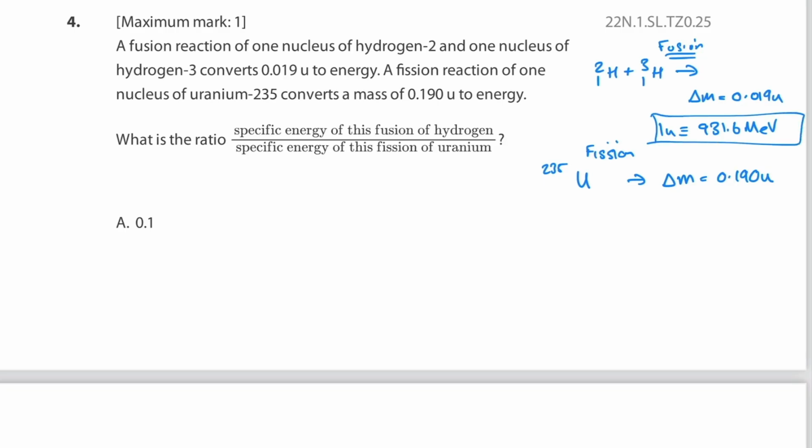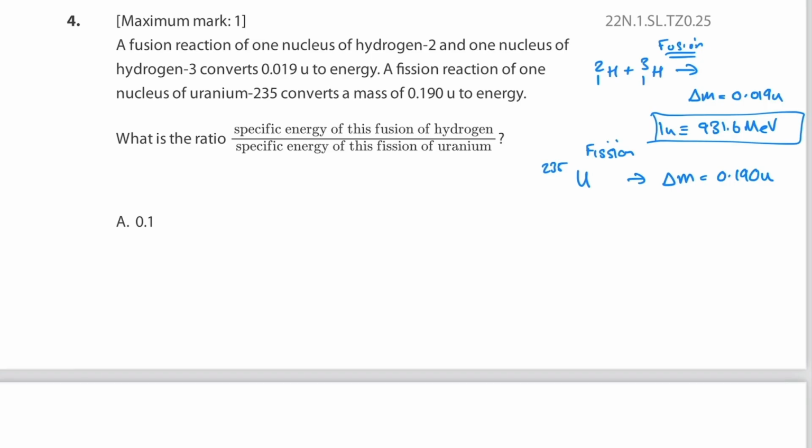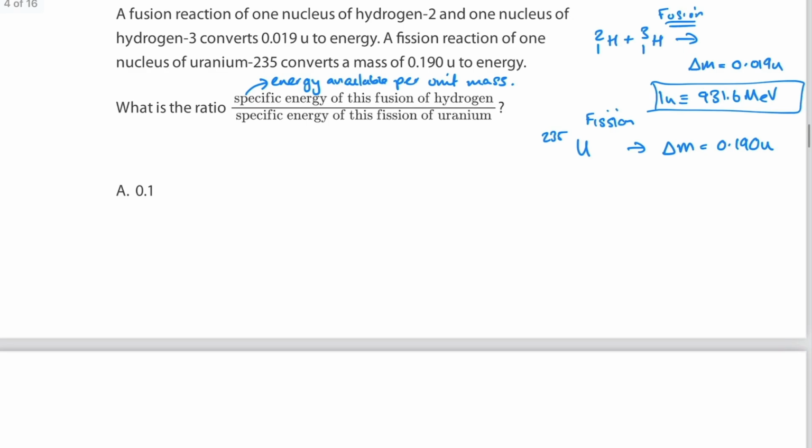What is the ratio of the specific energy of this fusion of hydrogen to the specific energy of this fission of hydrogen? Okay, well, the first thing we need to note is the specific energy means the energy available per unit mass. So what we want to do is find out how much energy per unit mass is available for fusion and compare it to that of fission.